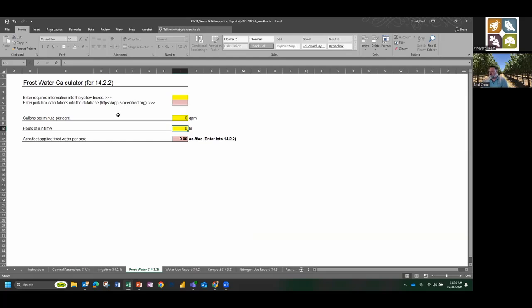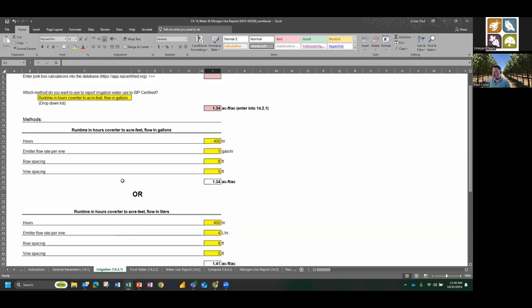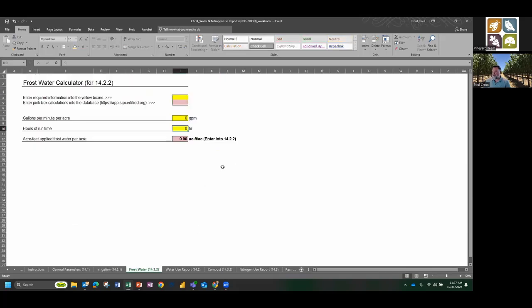Because they're sprinklers, either impact heads or micro sprinklers, the flow rate is so much higher that you're dealing with gallons per minute as opposed to gallons per hour, which is drip emitters. That's something very important to know the difference of. Your irrigation system is typically measured in gallons per hour. Your frost control system is going to be measured in gallons per minute.